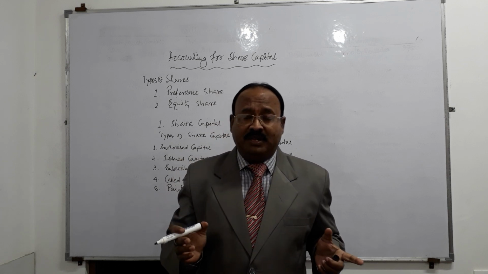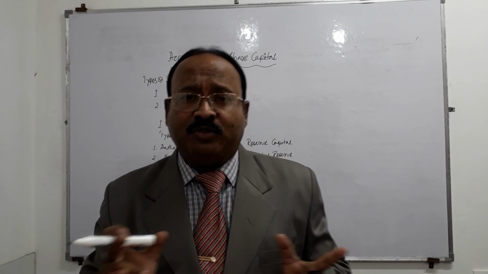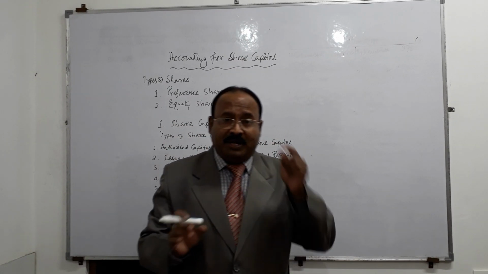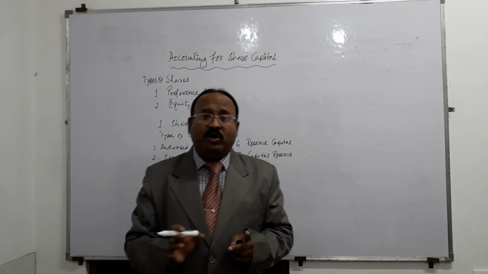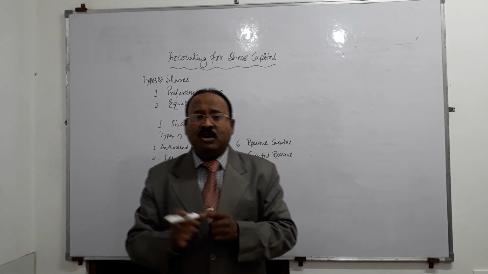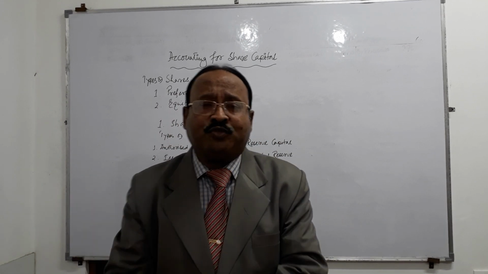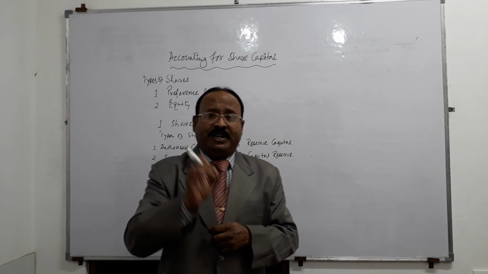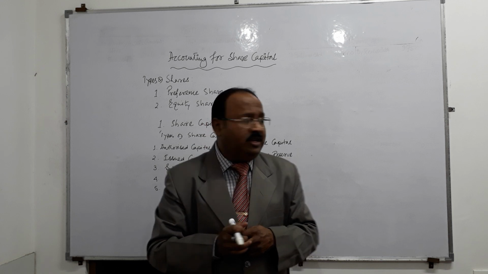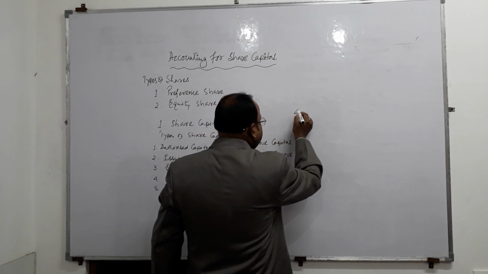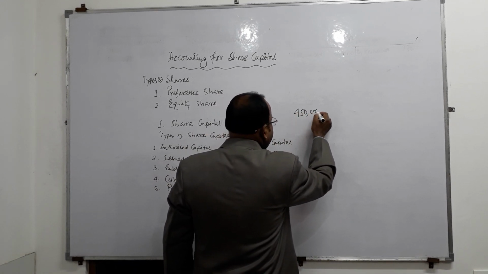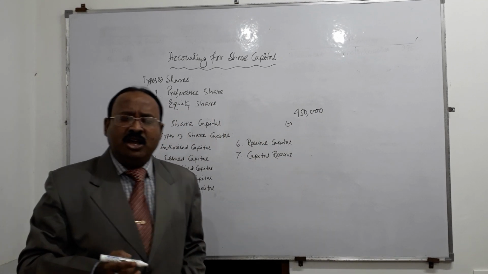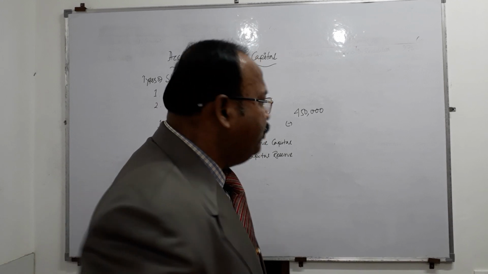The public applied for 45,000 shares and the value of each share is rupees 10. So the company is supposed to get 45,000 into 10, that is 4,50,000, as subscribed capital. But a shareholder who had 500 shares failed to pay the last call of rupees 2 per share.